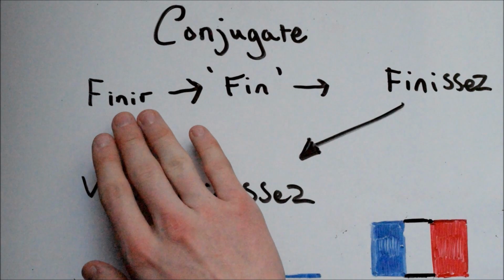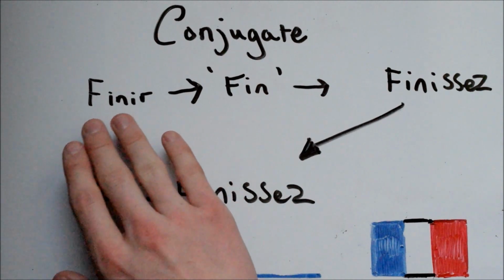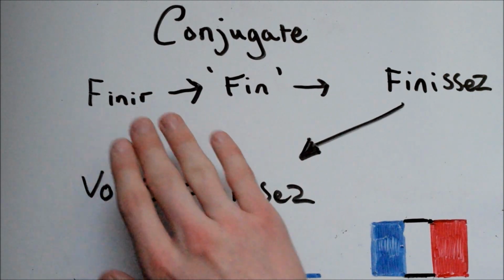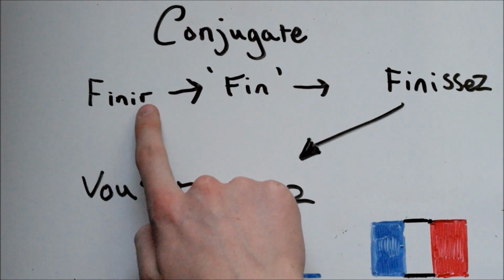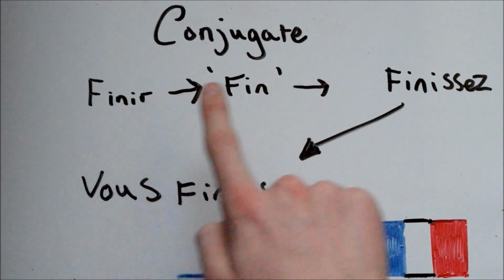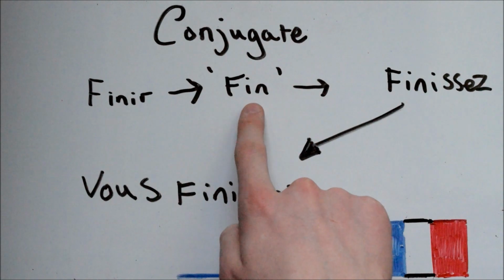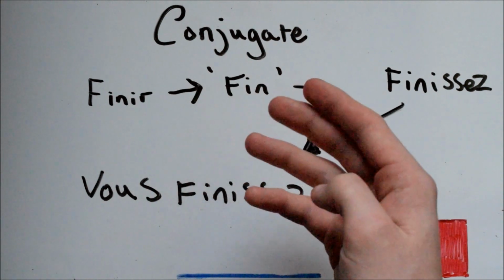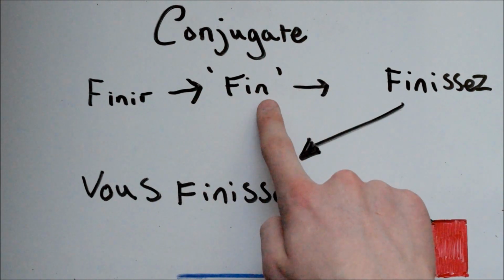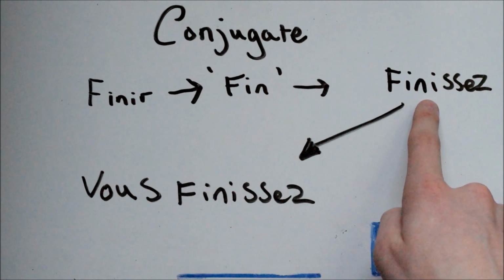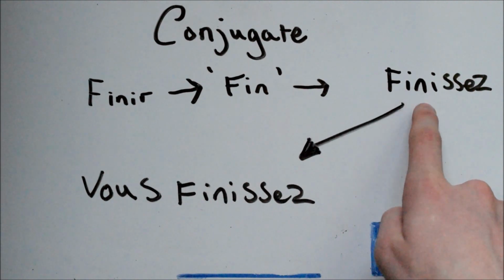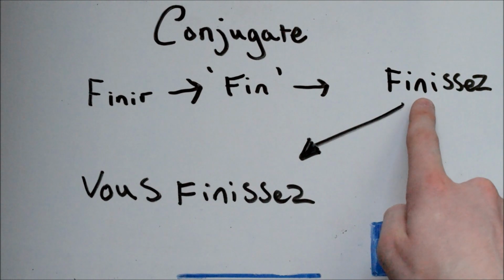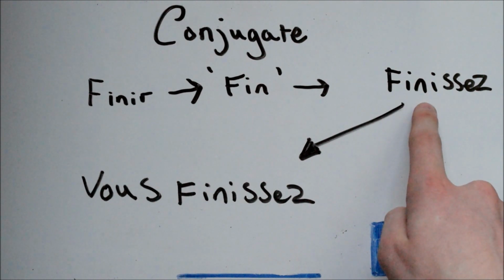We have the infinitive form of to finish, finir. We take away the ending, the ir, to get the stem. Then all we do is add on any ending to match what we want, which is finissez. This is the present form of to finish, and for you.